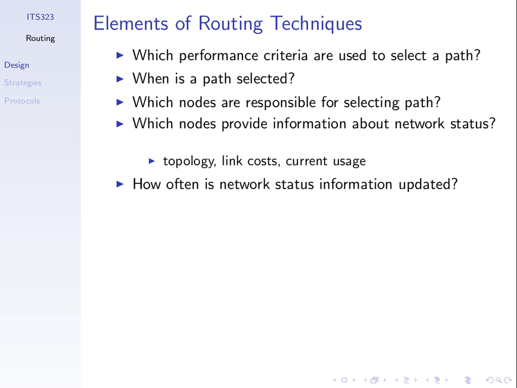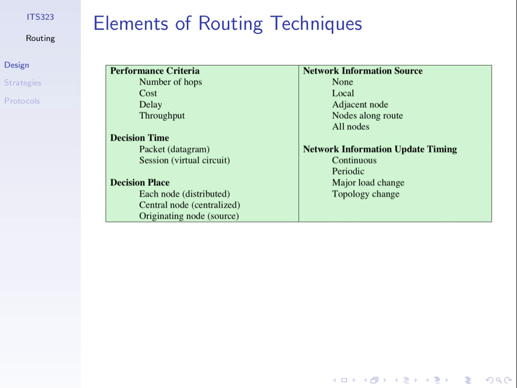Which nodes provide information about the network status, and how often is that updated? We'll spend most of today going through answers to those questions. I'm going to go through firstly the decision time and the decision place, and we're going to use this example to demonstrate.